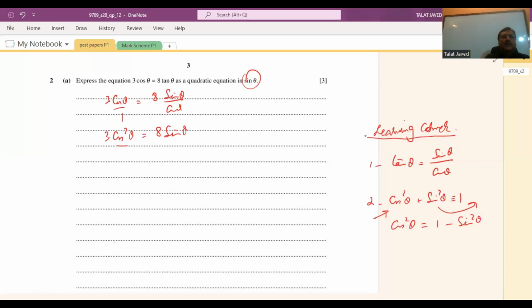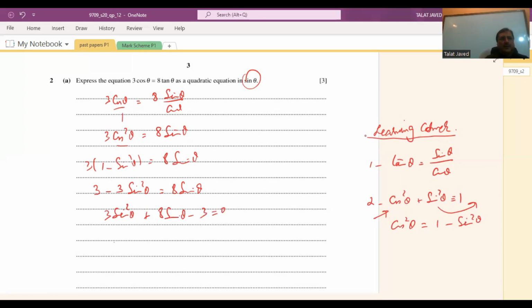So we replace this: 3 into (1 minus sin squared theta) equal to 8 sin theta. So this is 3 minus 3 sin squared theta equal to 8 sin theta. From here we get 3 sin squared theta plus 8 sin theta minus 3 equal to 0.